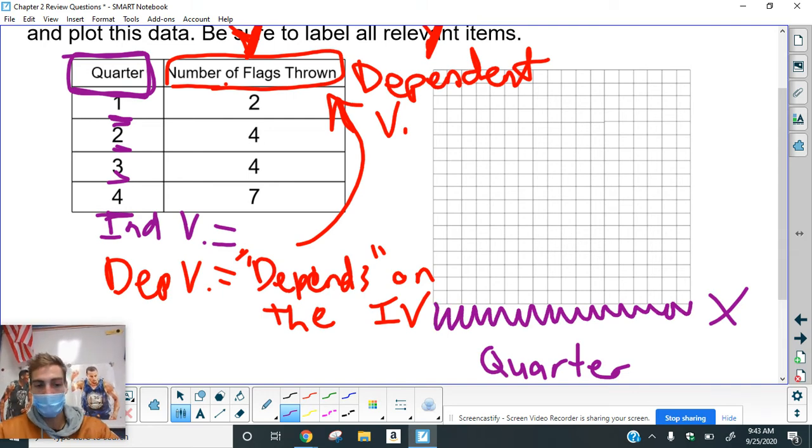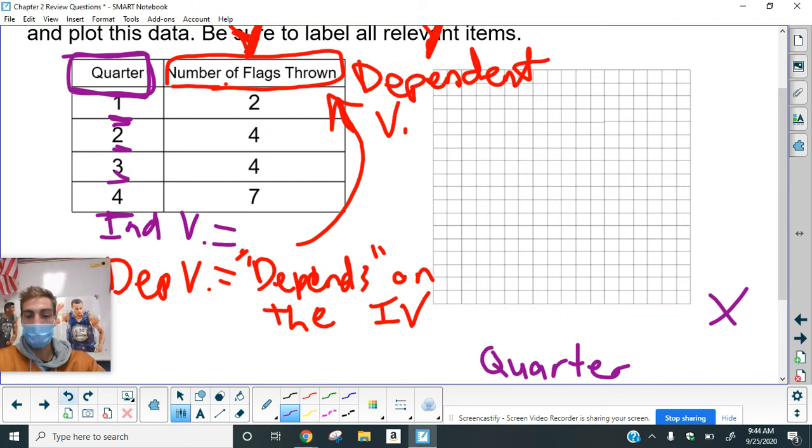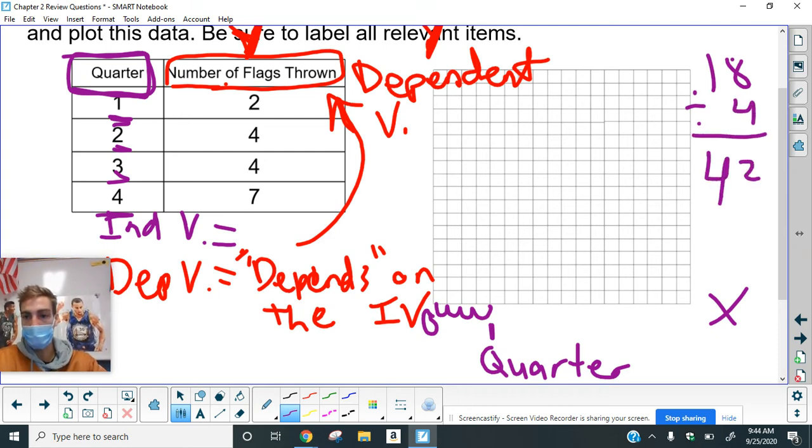I have 18 spaces here, and I have 4 quarters to place on those 18 spaces. I need to have these spaces evenly apart, and so since we start at 0, I'm going to count 1, 2, 3, 4, and that's where I'm going to put my first quarter, because if I have 18 spaces and I need to divide it by 4, that's going to give me 4 with 2 left over.